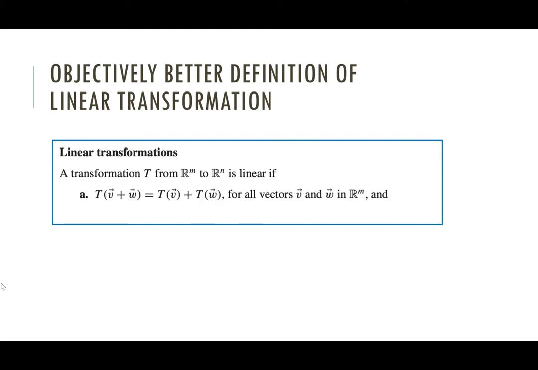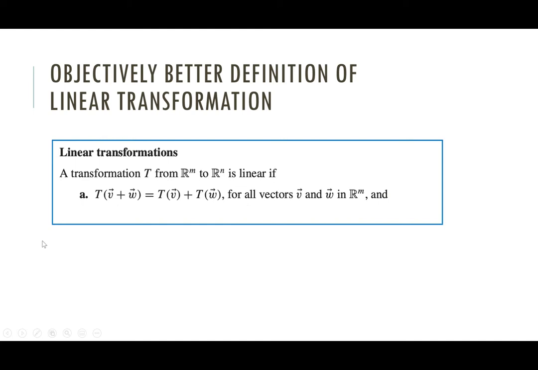First, T of the input vector V plus W is the same as just taking the transformation of V and adding it to the transformation of W. I always think of this as the transformation distributing over addition, but that's not really what's happening. What's really happening is you can either add vectors and then take the transformation, or you can transform the vectors and then add them, and you're going to get the same thing either way. So that's our first condition.